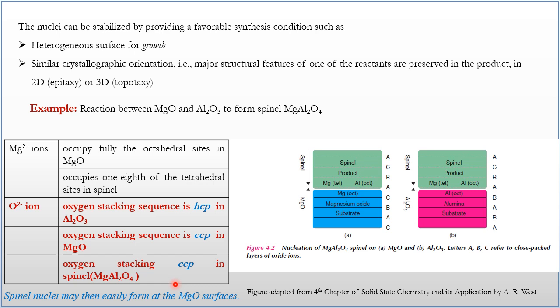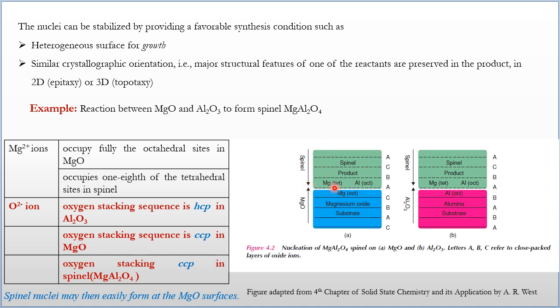And so this similarity in the structural feature also makes it easy to form the product nuclei on the MgO surface. On this right side of the diagram where the pointer is placed right now, you can see this magnesium, which is in an octahedral site, and this is magnesium oxide, the substrate, and on this side the product is being formed.